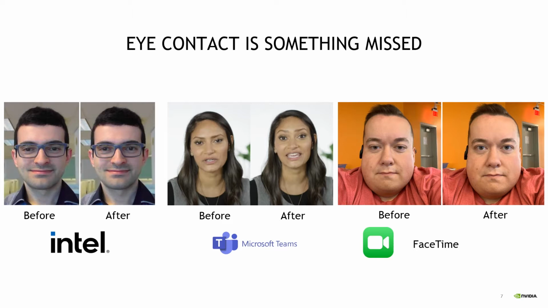Unfortunately, this is a well-recognized issue. Several companies, including Intel, Microsoft, and Apple, all have in-house solutions that can correct the gaze. Although you are looking at your screen, not at your camera, the receiver will receive a video stream that looks like you are looking at the camera.